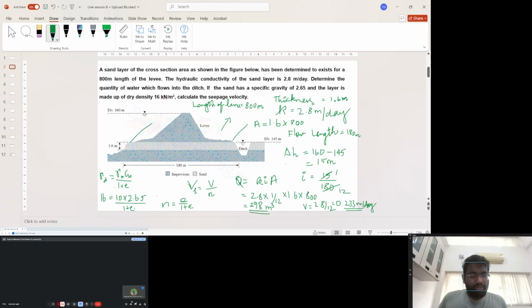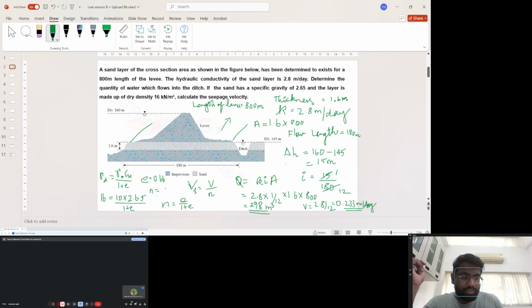So if you calculate it, 10 into 2.65 divided by 16, so e will be 0.66.